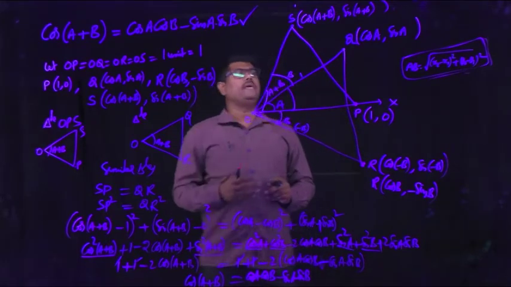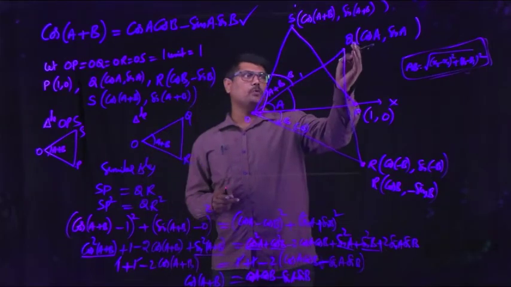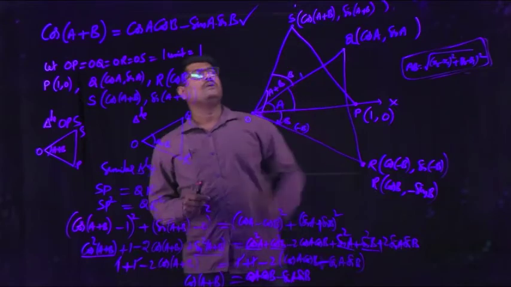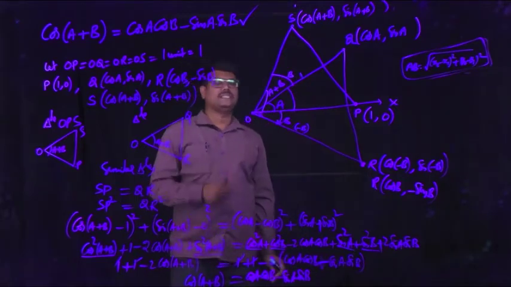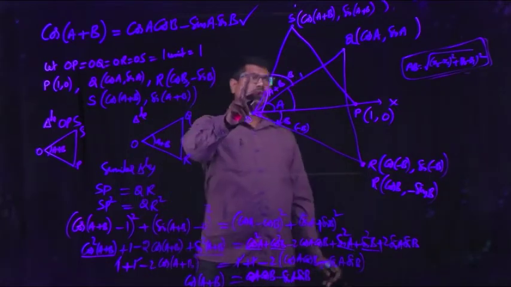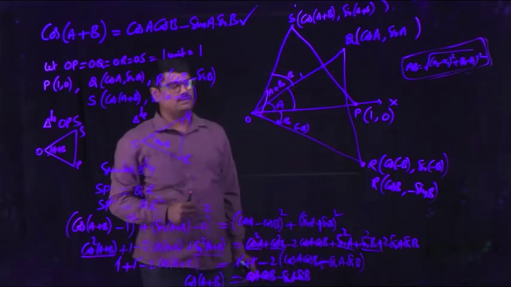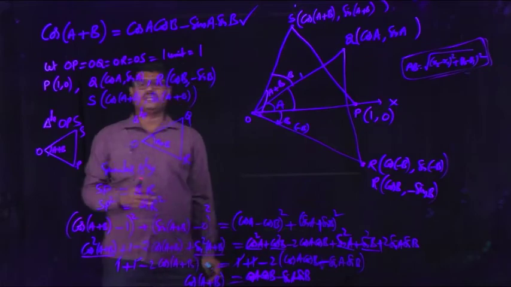So this is very important point. How we can write the point of Q, how you can write the point R, and how we can write the point S, which makes an angle A plus B. Q makes an angle A and R makes an angle minus B. That's why their coordinates occur.